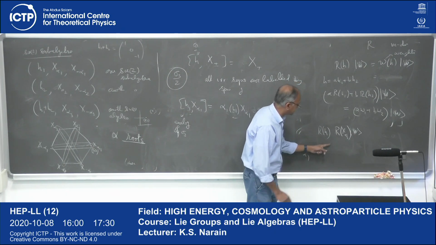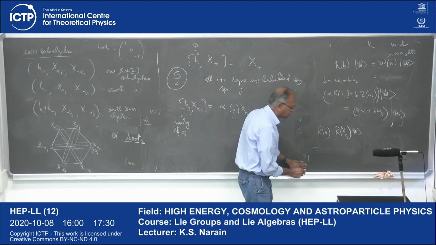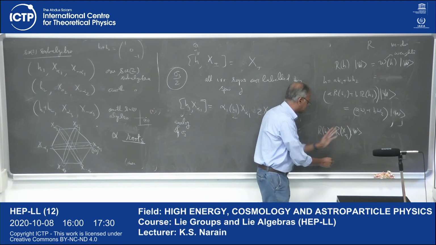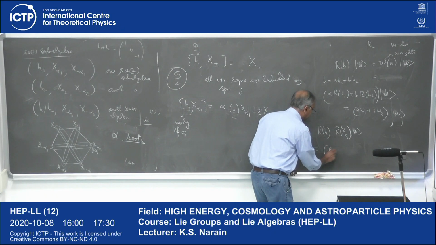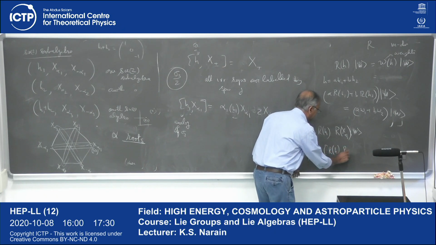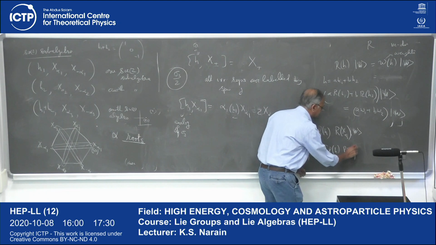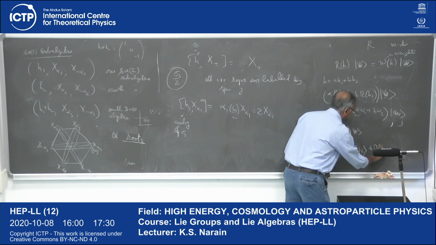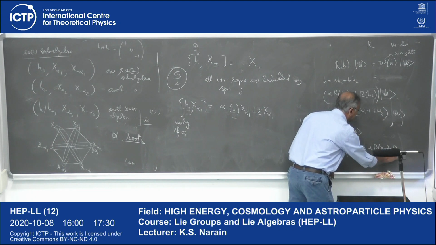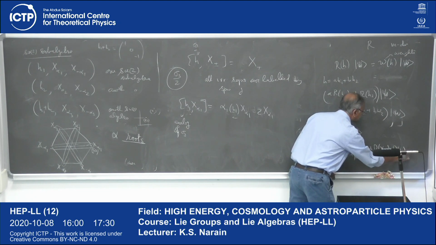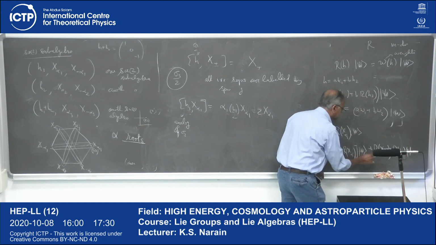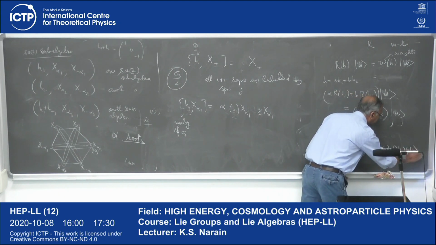And then again, the standard trick we use, which we all continuously use: write this as a commutator, and then the extra piece. So the commutator, plus R x alpha 1, RH, psi W. I'm calling this W now.